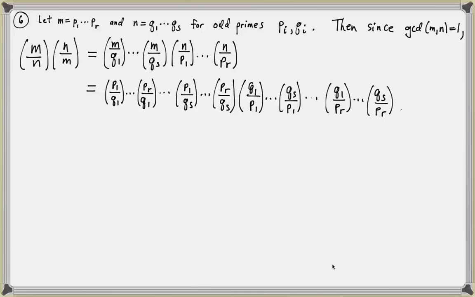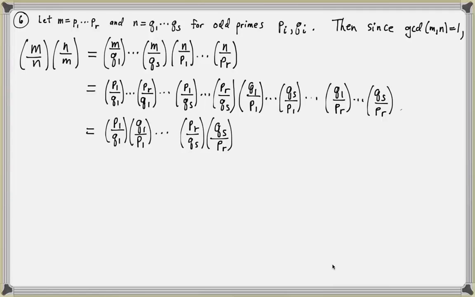So I'm going to regroup these in order to use the law of quadratic reciprocity for Legendre symbols. So I'm going to write p1 over q1 next to q1 over p1. And I can do this all the way up to pr over qs times the Legendre symbol qs over pr.